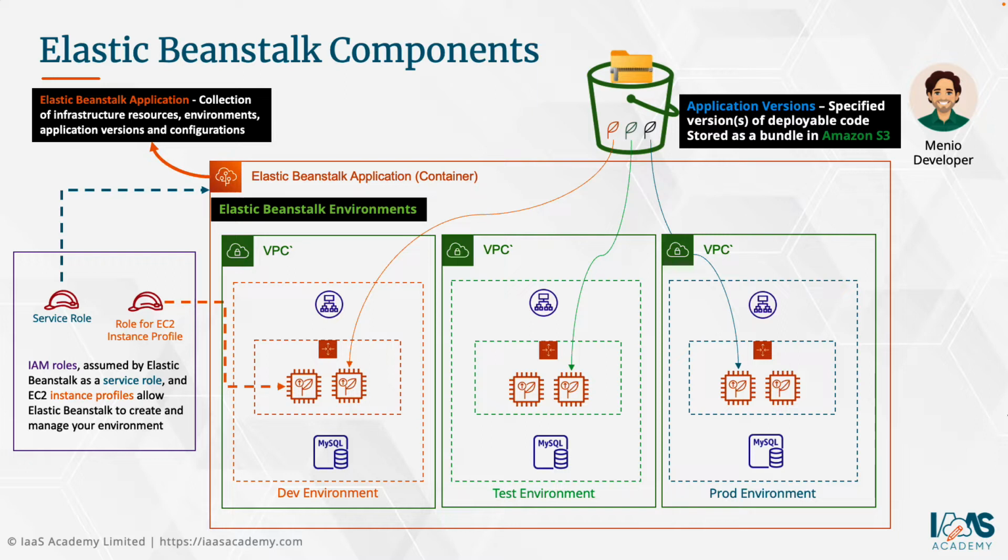Some other components that might be included as part of that configuration that Menyo needs to be aware of are things like whether you want to export log files to CloudWatch, the health monitoring of your services, and if you want to send out email notifications to the administrator whenever events take place in your Elastic Beanstalk environment. And so ultimately, Menyo does need to be aware of the core infrastructure components that are going to be used to support the application, but Elastic Beanstalk actually goes and provisions all of these infrastructure bits and pieces using CloudFormation.